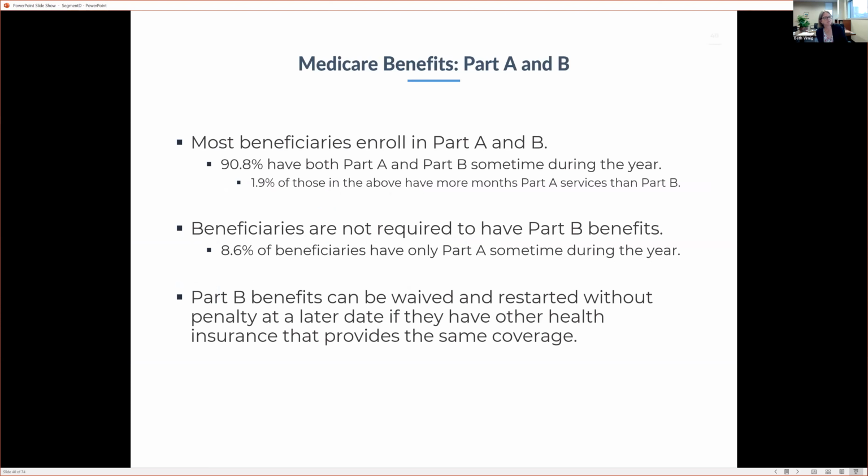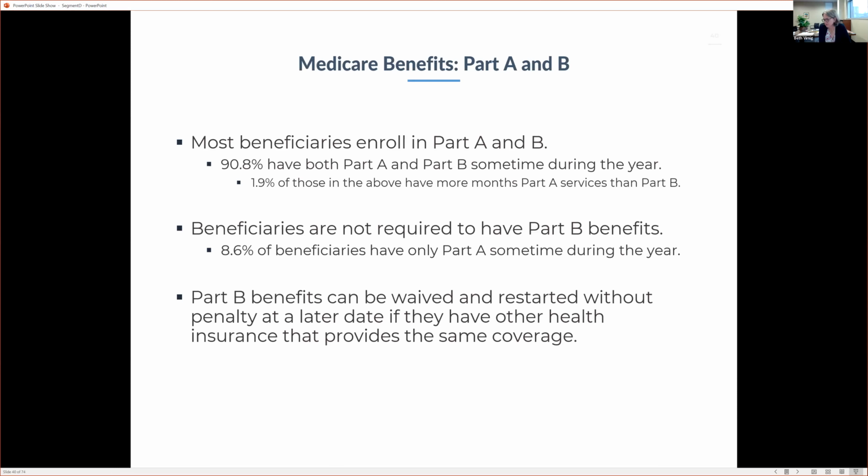Most beneficiaries have Part A and Part B, but 91% have both Part A and Part B at some point during the year. 2% have more months of Part A services than Part B. One of the things that I've noticed is that often when people are first enrolled, it can sometimes seem like their Part A hits before their Part B. I think that just has to do with timing of when somebody finds out they're eligible and starts their Part B, where sometimes Part A starts a little bit earlier.